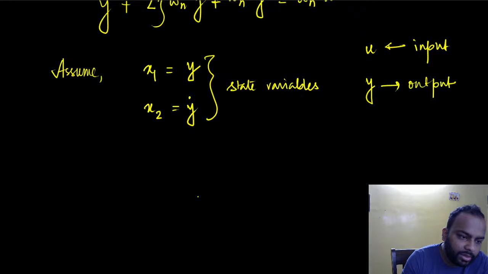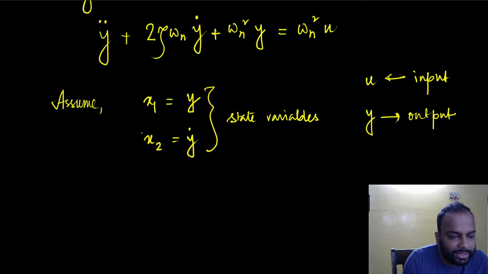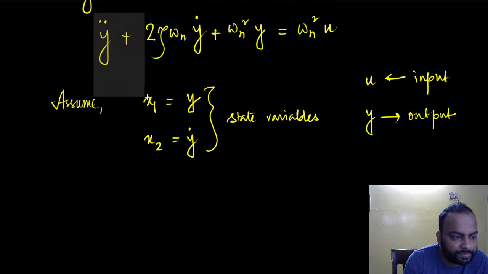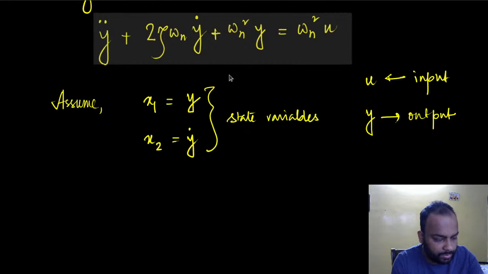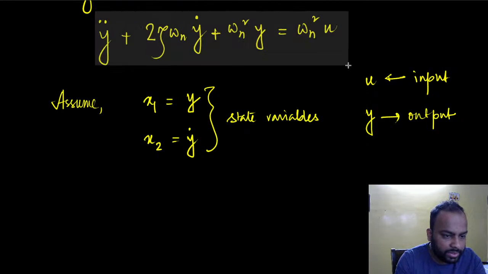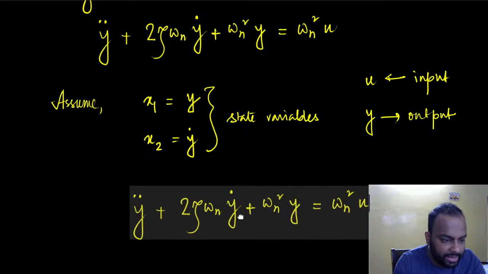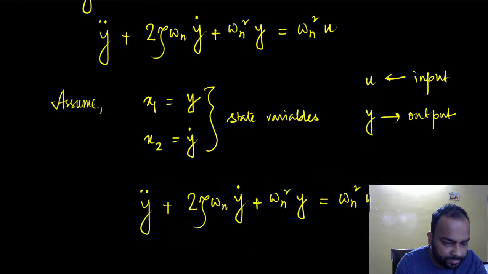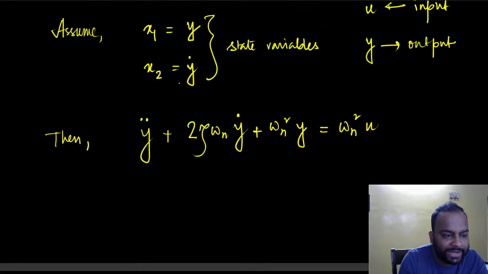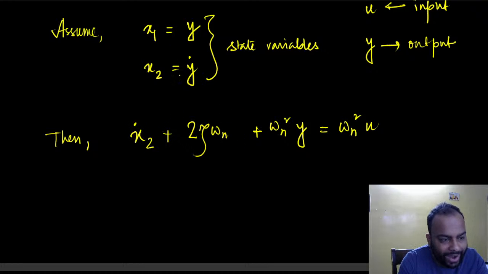All right, with that said, now if I rewrite this equation, what happens to y double dot? That's just x2 dot, right? What is y dot? Y dot is x2. What is y?